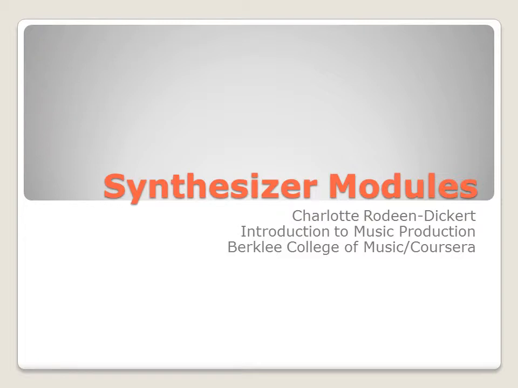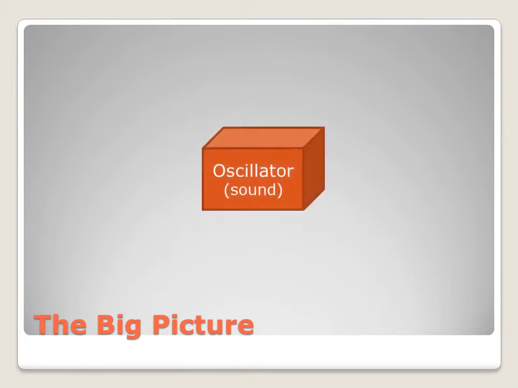Talking about synthesizer modules, the basic points. So starting with the big picture of all of the modules together and then looking at each one in a little more detail, we're going to start with the oscillator, which gives you your initial waveform, your initial tone that you're working with.